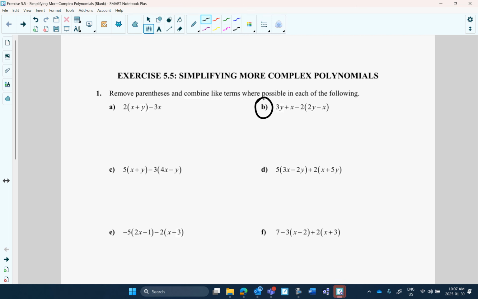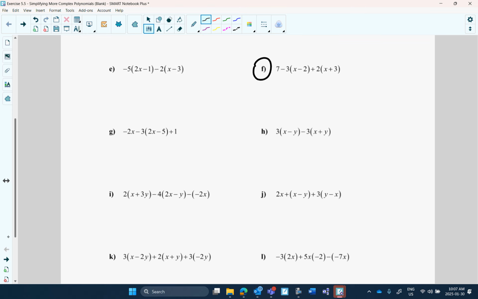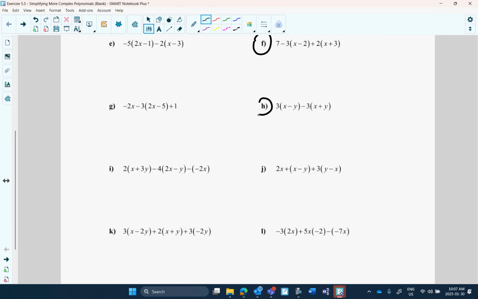So do B, D, F, J, L. Otherwise, it's going to take you a really long time to do that first page. But that's sufficient practice there.